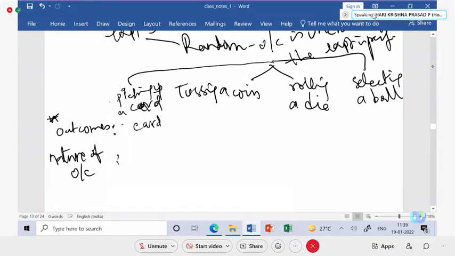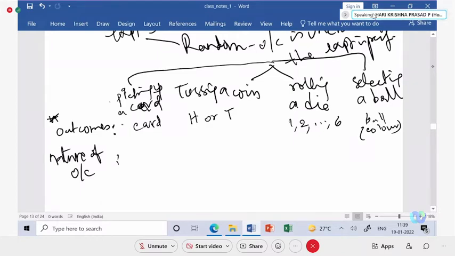Tossing a coin, what is the outcome? Head or tail. When you roll a die, what is the outcome? Any one of 6 digits. When you select a ball, what is the outcome? Ball is the outcome, or color of the ball is the outcome. When you consider the nature of the outcome, what is the nature of the outcome in the first column?